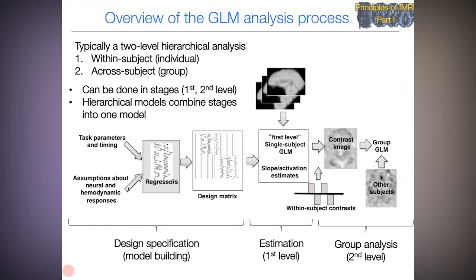And finally, we can do what are called contrasts, we'll learn about those soon, across different conditions within each person, and we can estimate contrast images for every person, and those are taken forward to a second level group analysis. Once we do the group analysis, then we're prepared to make anatomical localization and inference about which areas are activated.